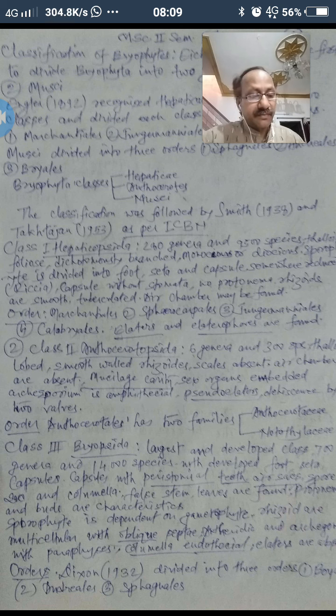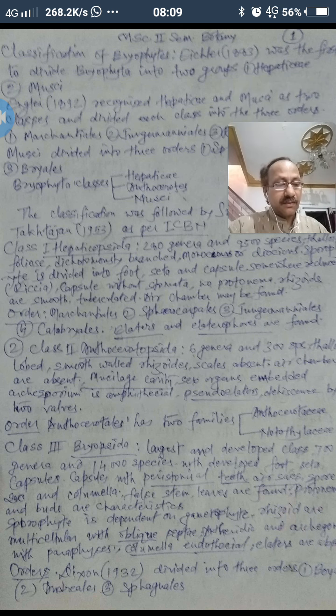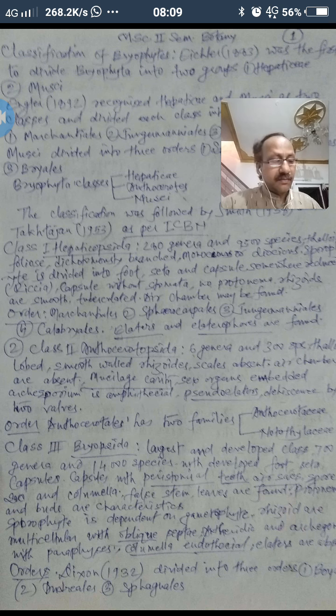Class Anthocerotopsida has 6 genera and 300 species. The thallus is lobed, with smooth-walled rhizoids, and scales are absent. Air chambers are absent. A mucilage cavity is found.